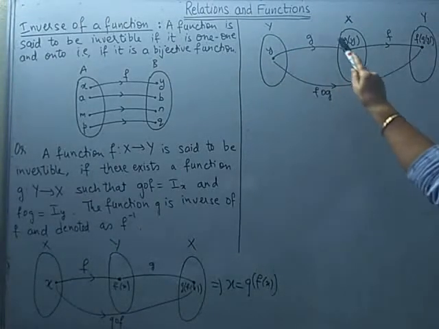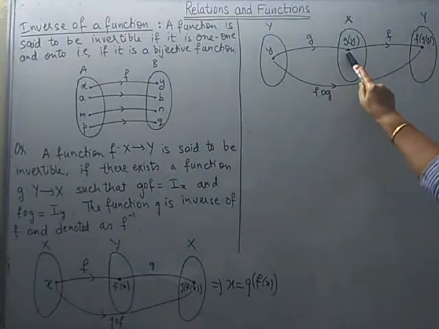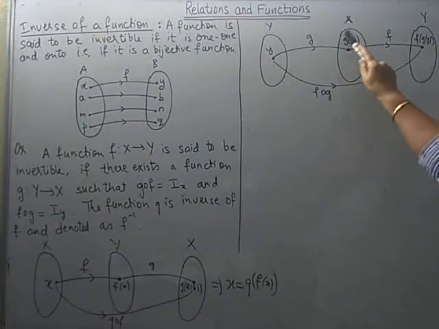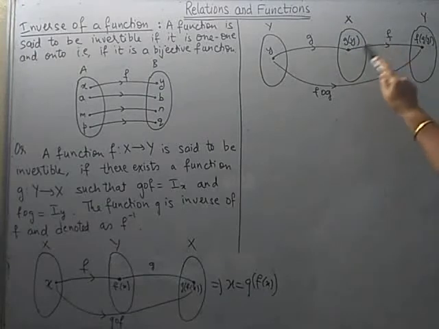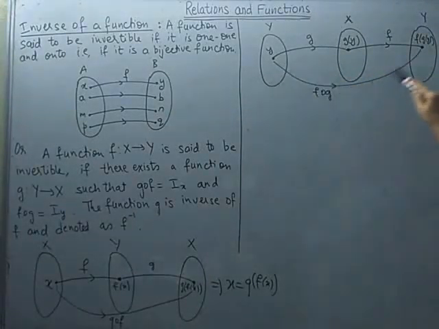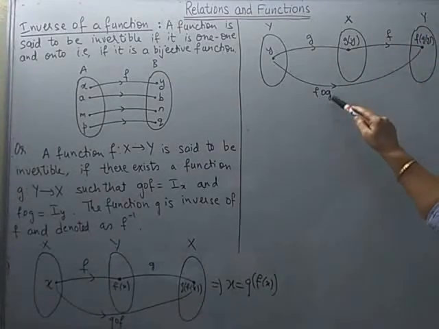So the image of y under the function g is g(y), and the image of element g(y) under the function f will be f(g(y)). Look at these two sets. These are the same sets. And what could we see? y is having image f(g(y)) under the function composition of g and f.